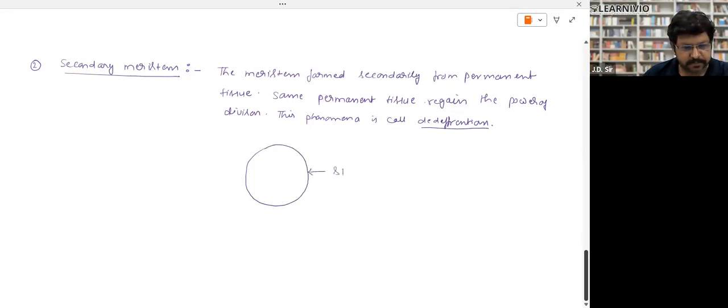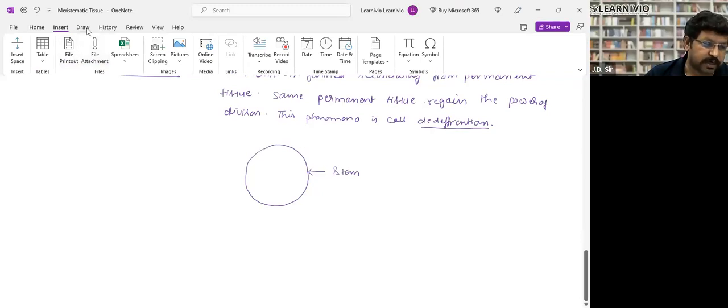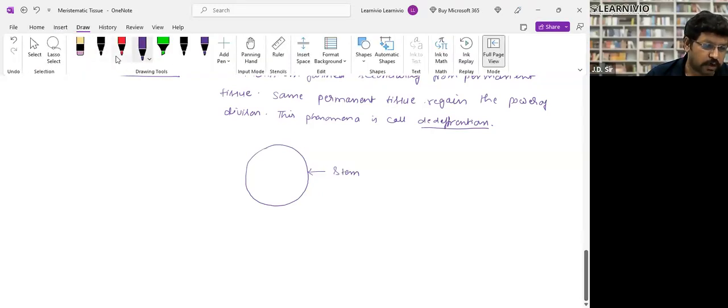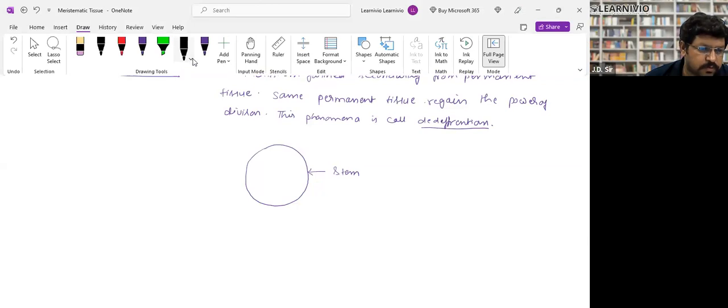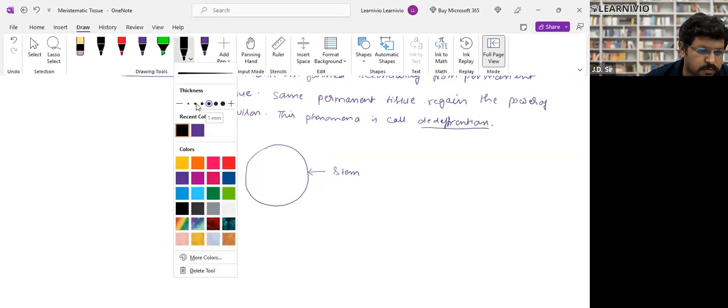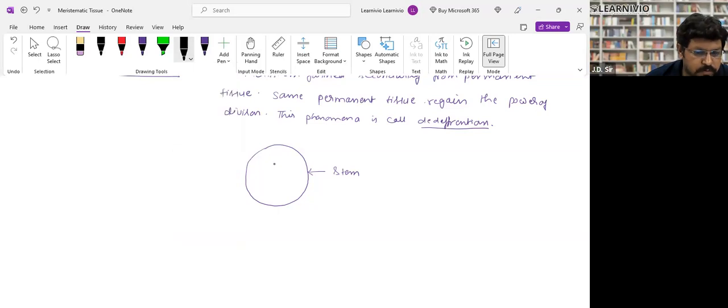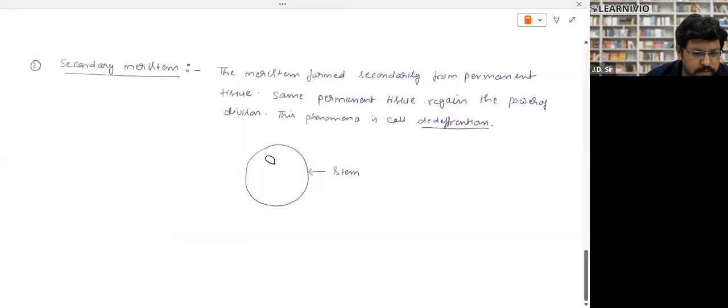This is the system. The system has some vascular bundles. Try to understand, and if you did not get it, I will tell you again. But for now, try to understand this. These are the vascular bundles.